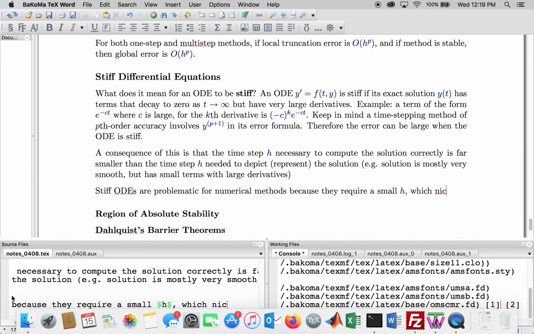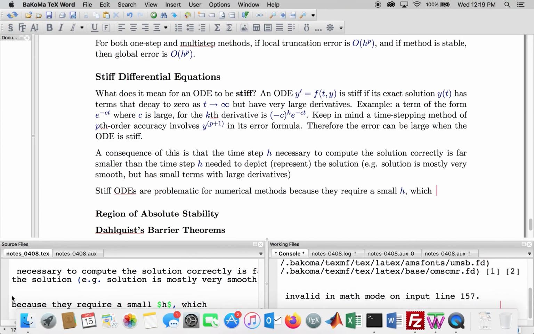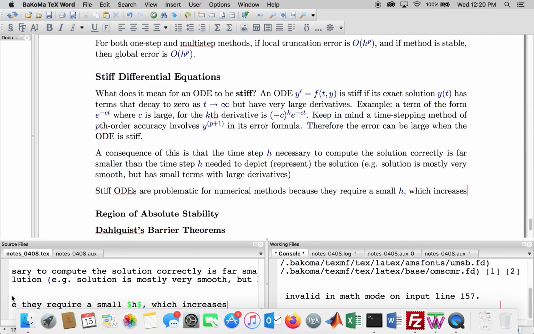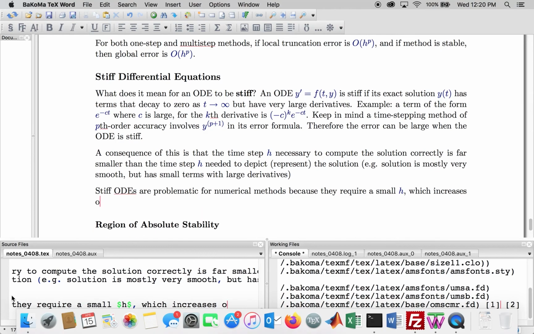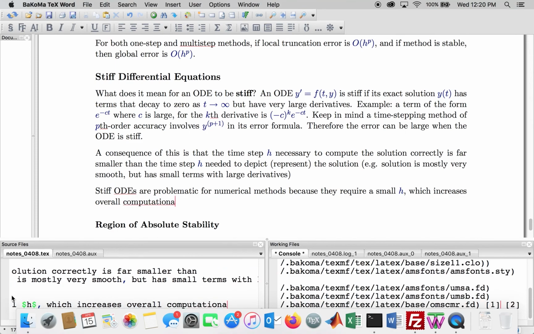If you're taking more, smaller time steps to get to your final time, then that's more computational effort, because the amount of computational effort is proportional to the number of time steps that you're taking. The work per time step may not be much, but it really adds up. So the overall computation time is increased.